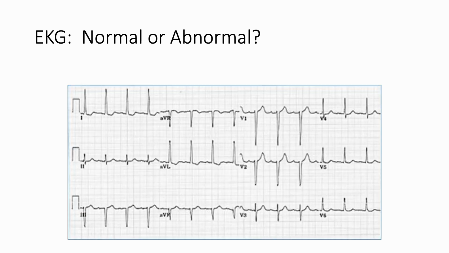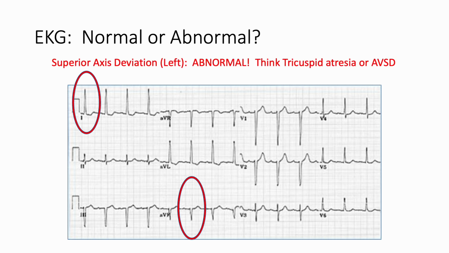Here's another ECG. Here you can see lead 1 is positive, and here lead AVF is negative. And so this is a superior axis deviation, which is abnormal. Think tricuspid atresia, or even more commonly, AV septal defects.